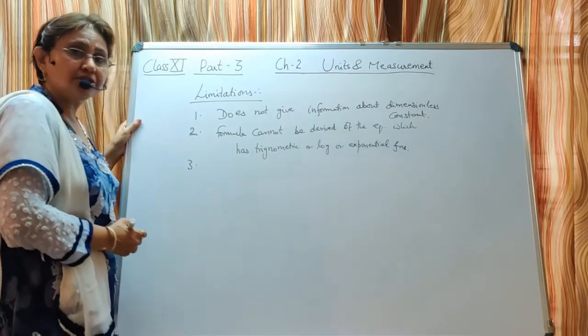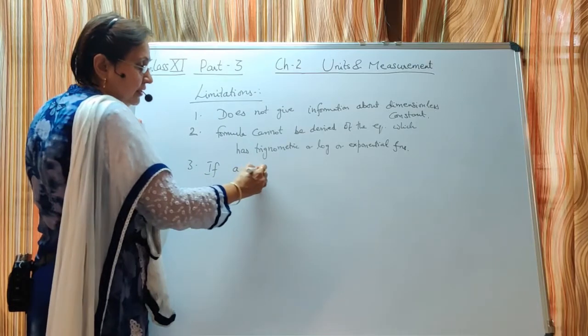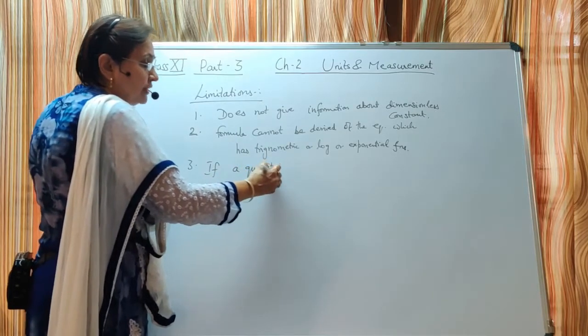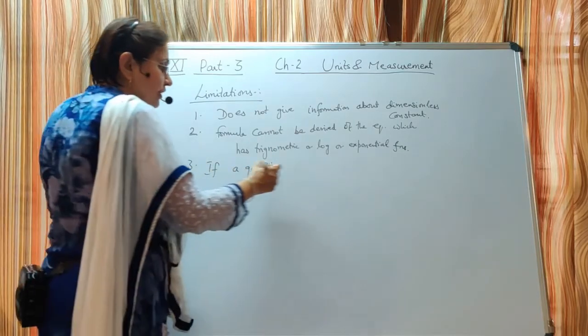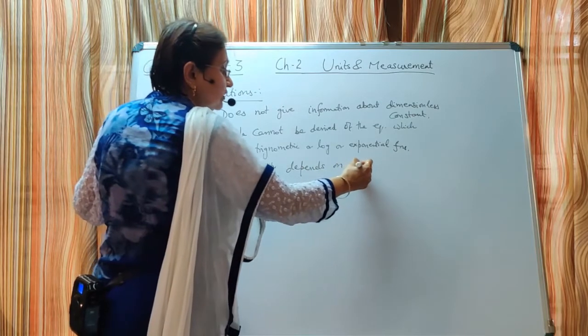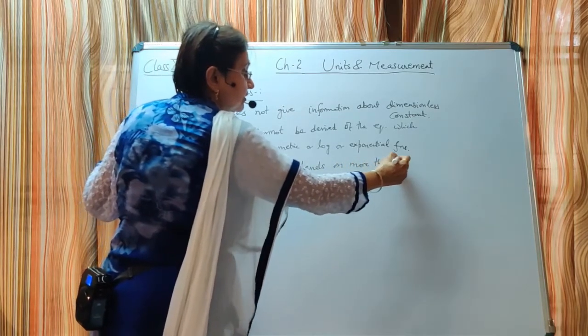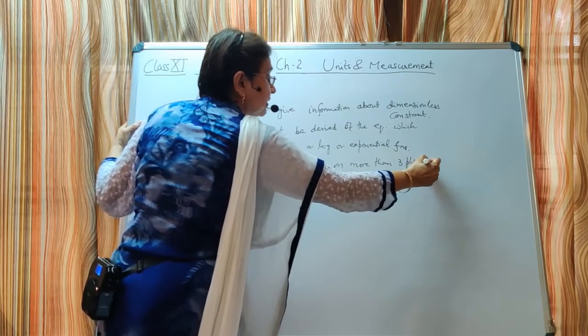And the third limitation is if any physical quantity depends upon more than 3 physical quantities, then its formula cannot be derived.